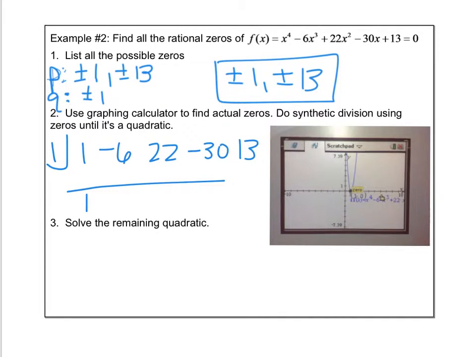So that's going to be 1, 1, negative 5, negative 5, 17, 17, negative 13, 0.